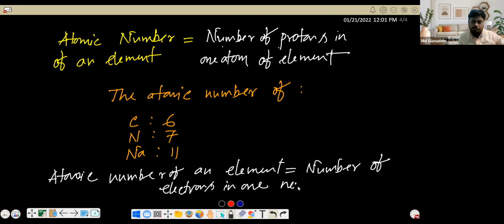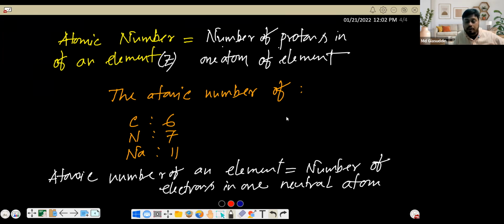Why? Can you explain it? See, in an atom, the number of protons and the number of electrons are the same, is it not? Yes, sir. Hence the atomic number of an element is the number of protons. Then we can also say that the number of electrons in a neutral atom is also the atomic number. Are you getting my point?